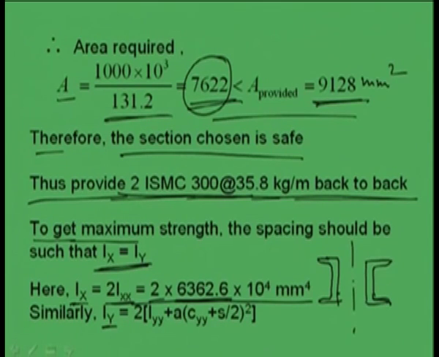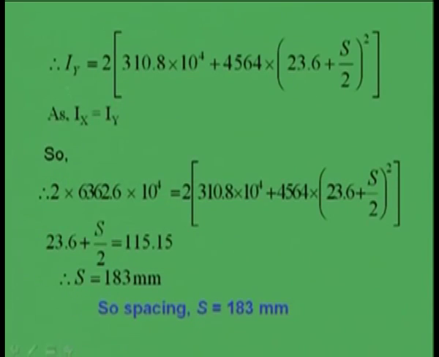Iy will be the individual Iyy plus A into the square of Cyy plus S by 2, because the total spacing is S, multiplied by 2. This will be the total Iy. Now, if we make Ix equal to Iy, we can find the value of S, where S is unknown.